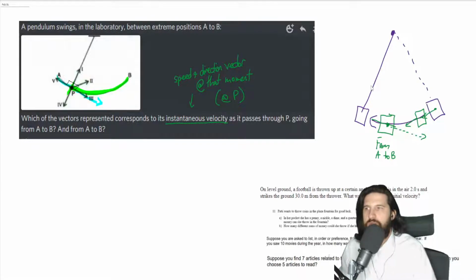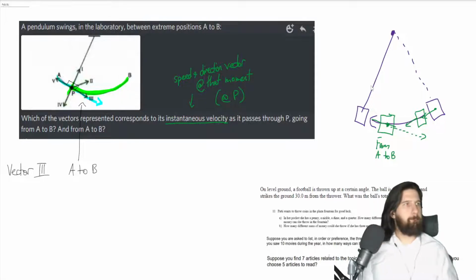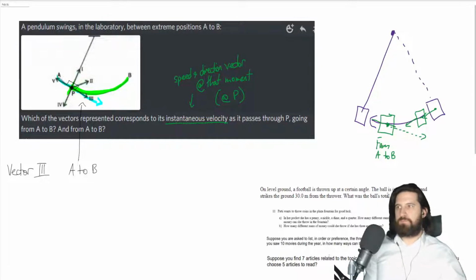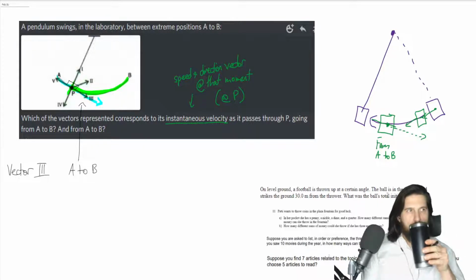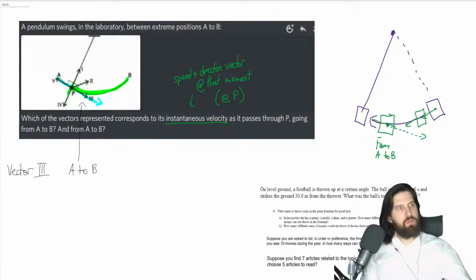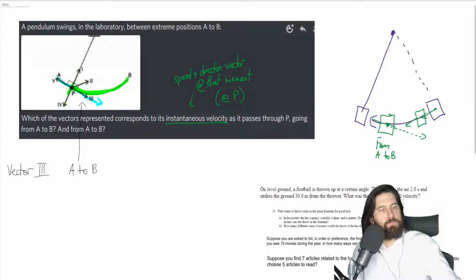Yes, you're absolutely right, Samuel. So that's right. That there, A to B, is vector 3. Okay. What about from B to A? Yeah, exactly.